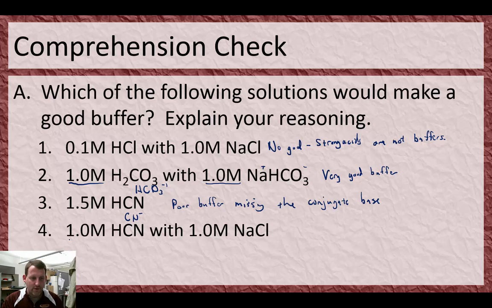And this last one, 1 molar HCN with 1 molar NaCl. All right, so here our conjugate base again is CN minus. Now over here we're going to give Na plus and Cl minus off in solution. Neither of those ions are going to be the conjugate base of this one. So this is also a poor buffer.